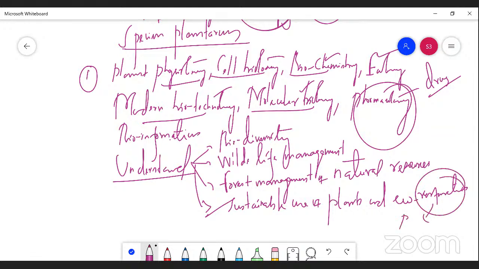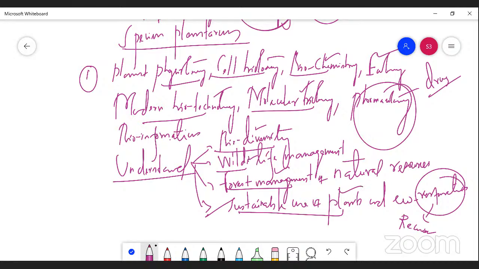Recover. So taxonomic studies help to understand biodiversity, wildlife, forest management, sustainable use of plants and eco-restoration.